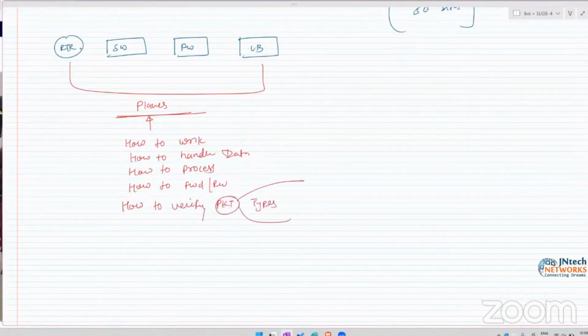Basically, we get two types of packets, a routed packet and a routing packet. Clear? Some other types of packets are also available.